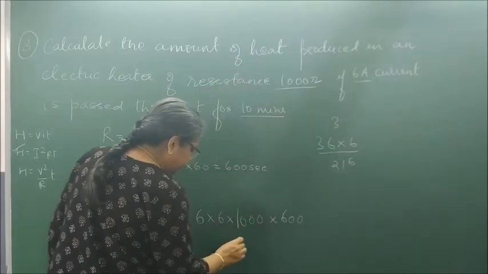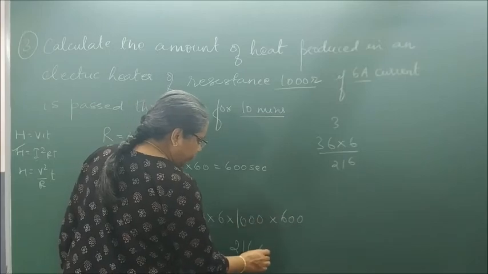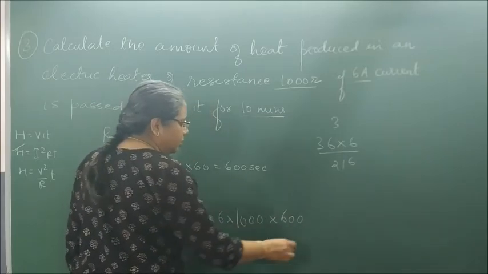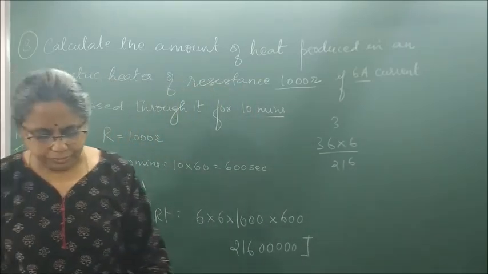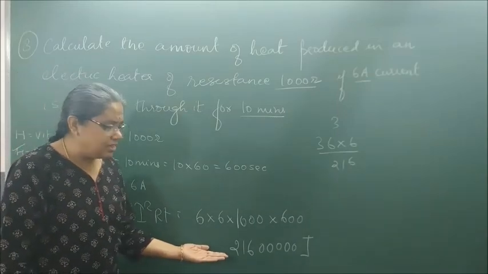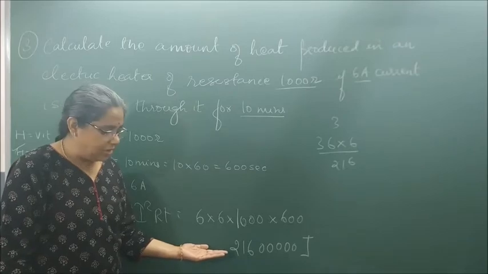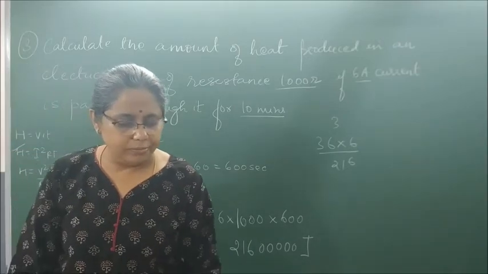So you get 216 followed by 5 zeros. This many joules. You can also write this as 2.16 into 10 to the power of 7 joules.